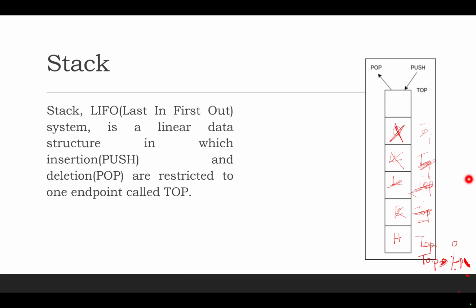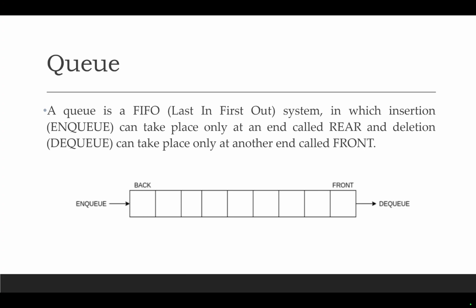The next one, queue. Queue is also a linear data structure that follows a particular order in which the operations are performed. It is also performed on the concept of first in, first out.